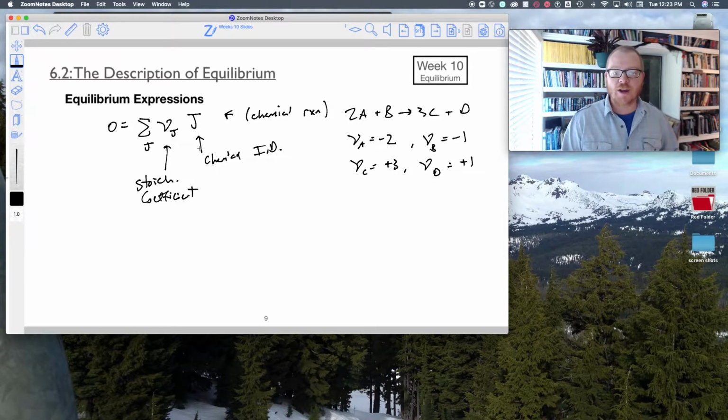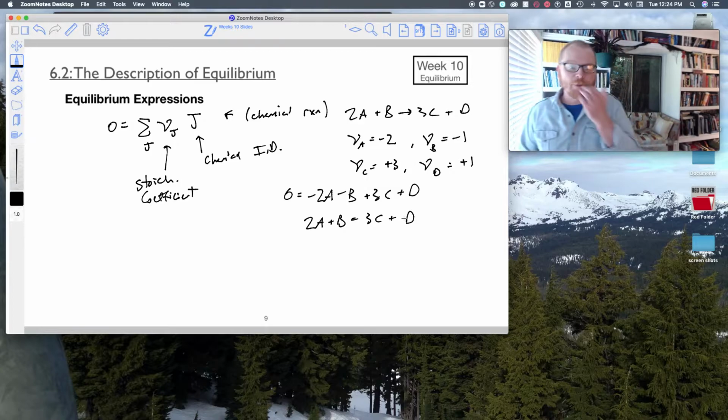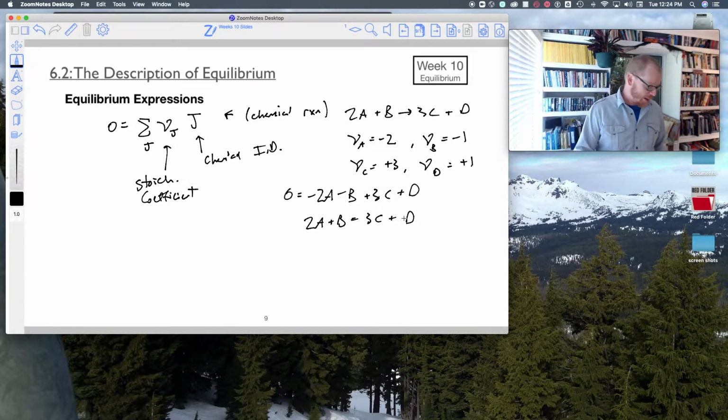Okay? So now if I put that together, that's going to say 0 equals -2A minus B plus 3C plus D. And if I rearrange this, you can see it's going to be 2A plus B equals 3C plus D. So that's how we establish a mathematical definition of a chemical reaction.